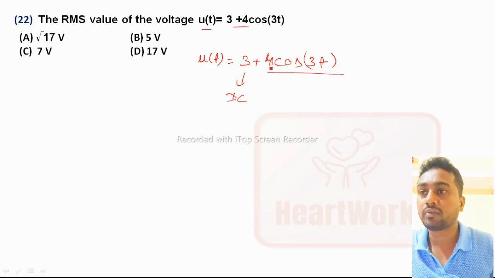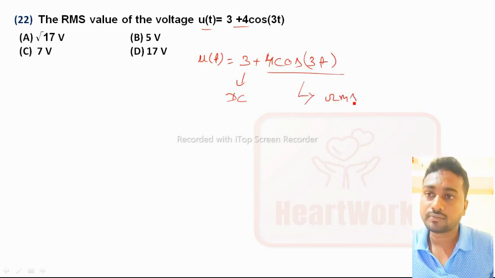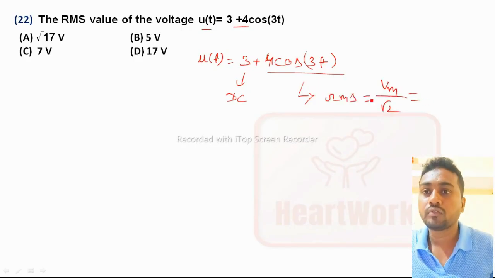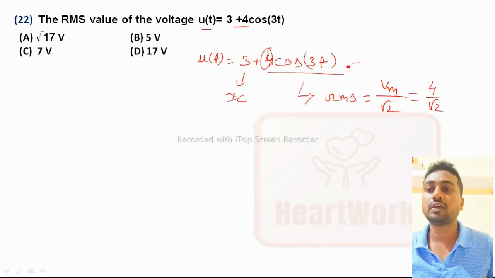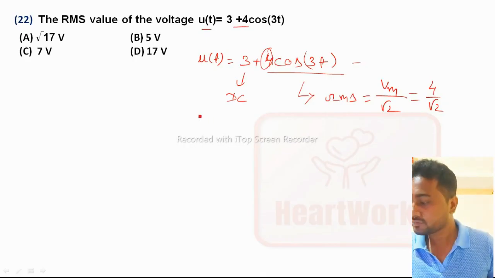So we have to find the RMS value for this sinusoidal part. RMS equals Vm by root 2. Vm is 4, so 4 by root 2 is the RMS value for the sinusoidal part.